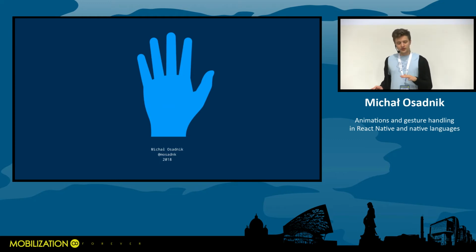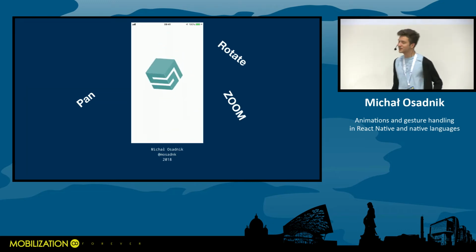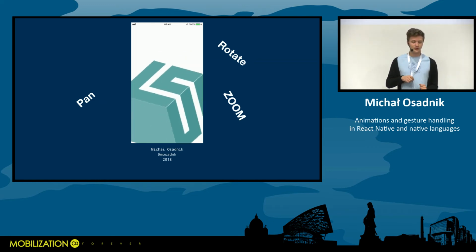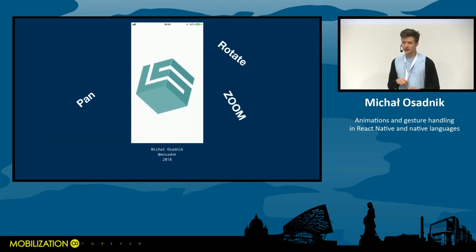I do not really have time to delve into very specific cases in native languages. I just want to show some concepts present on both platforms with my favorite example. So it's pan, rotate, and zoom. It's the logo of my company, Software Mansion, which can be dragged, rotated, and zoomed simultaneously.